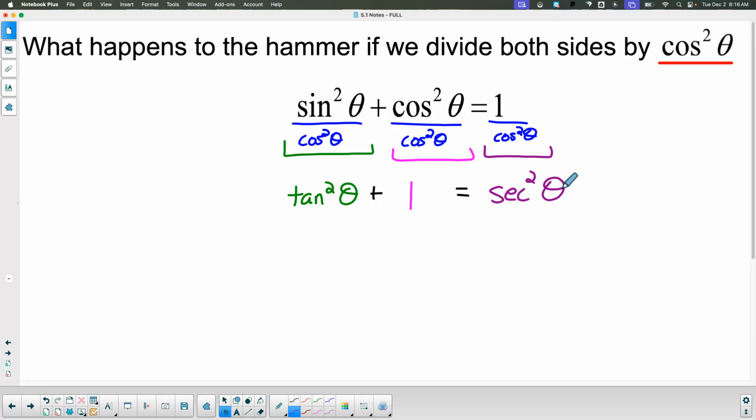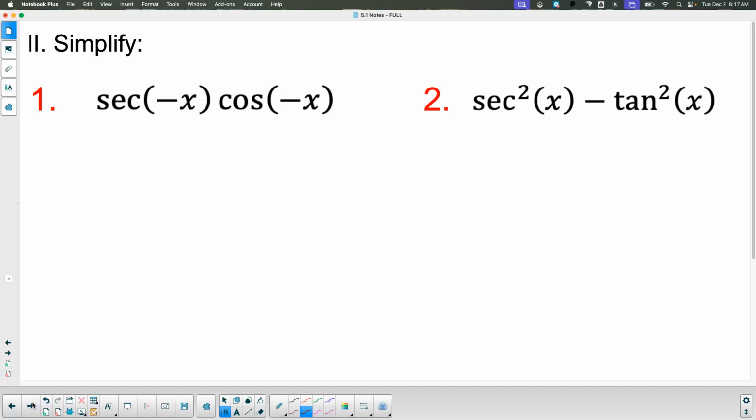This is identity number 11. So out of the hammer, we also developed not only the 3 versions in number 7, but we also developed 2 extra ones by dividing all of them by cosine squared and dividing by sine squared. So where are we going with this?